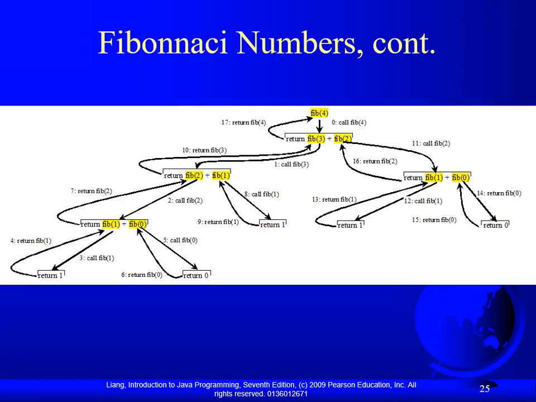So you have fib 3 right here plus fib 2 right here. And since in a typical Java statement the evaluation goes from left to right, you will run into fib 3 first before fib 2. So that will be expanded first from fib 3 to fib 2 plus fib 1.